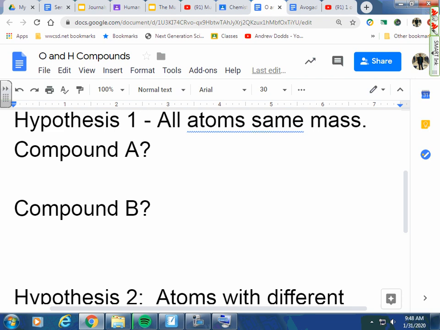I just shortened the sentence and made it grammatically incorrect. But in compound A, we had a 16-to-1 ratio of masses, that is oxygen to hydrogen. In compound B, oxygen to hydrogen was an 8-to-1 ratio. So go ahead and do a model of those. Let's see what you get for that, and then we'll talk about it. I'm going to pause the video again here.